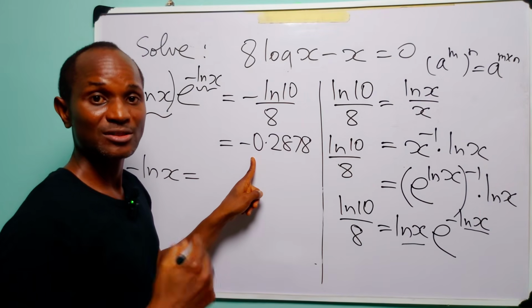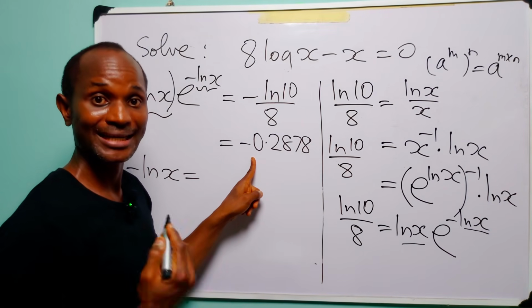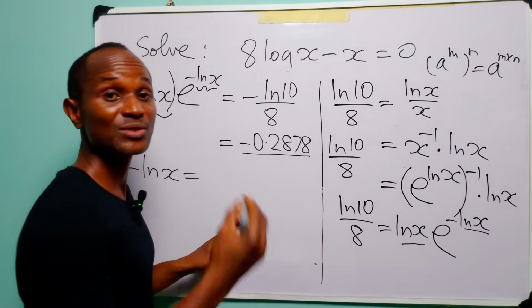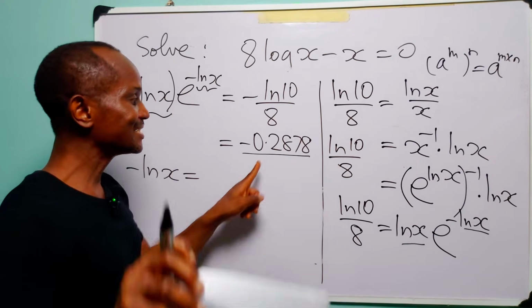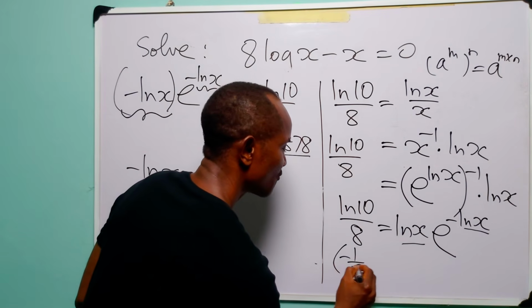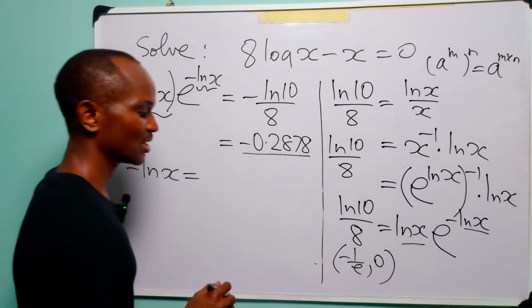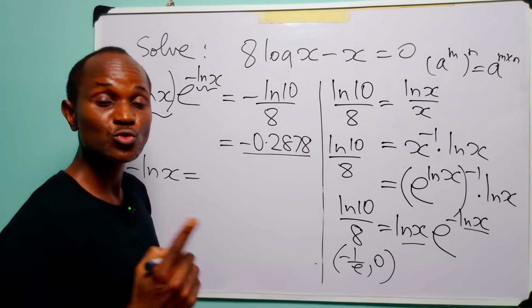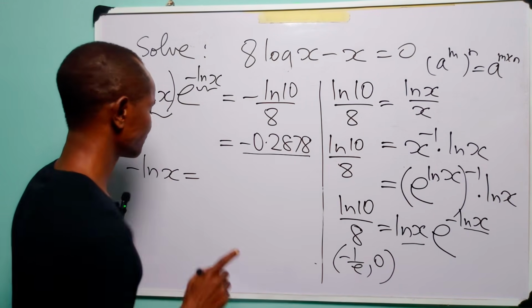We have Lambert W function calculators online that you can use. What you simply do is to plug this number into the calculator. Now, when this number lies between the range minus 1 over e and 0, the Lambert W function calculator will return two numbers.